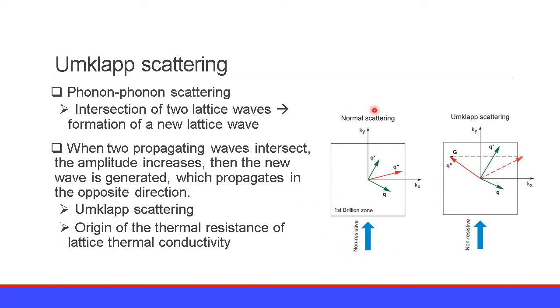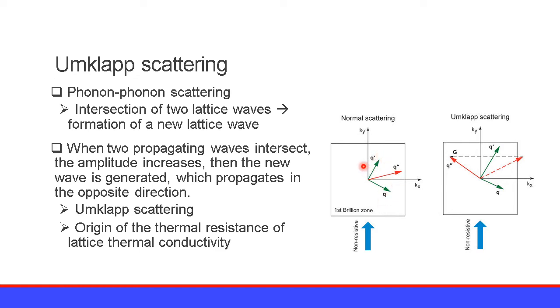This is in the reciprocal space, and this square indicates the first Brillouin zone. These green arrows indicate the wave vectors of two lattice waves, Q and Q prime.